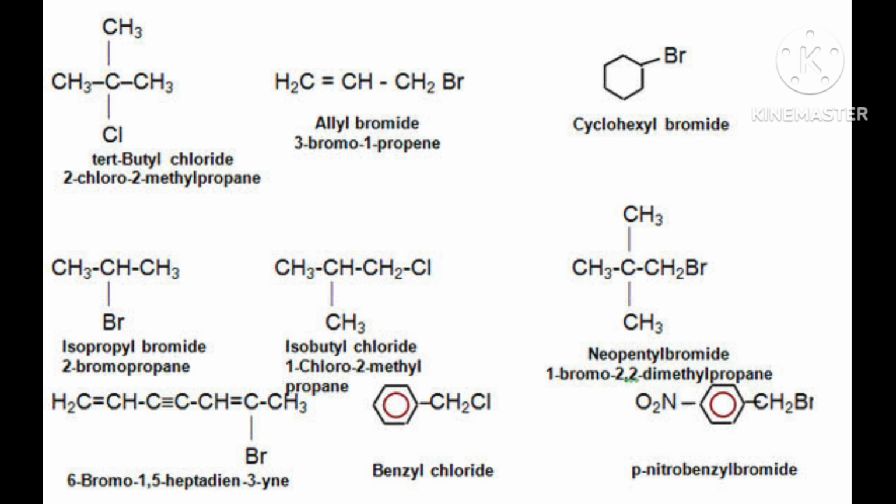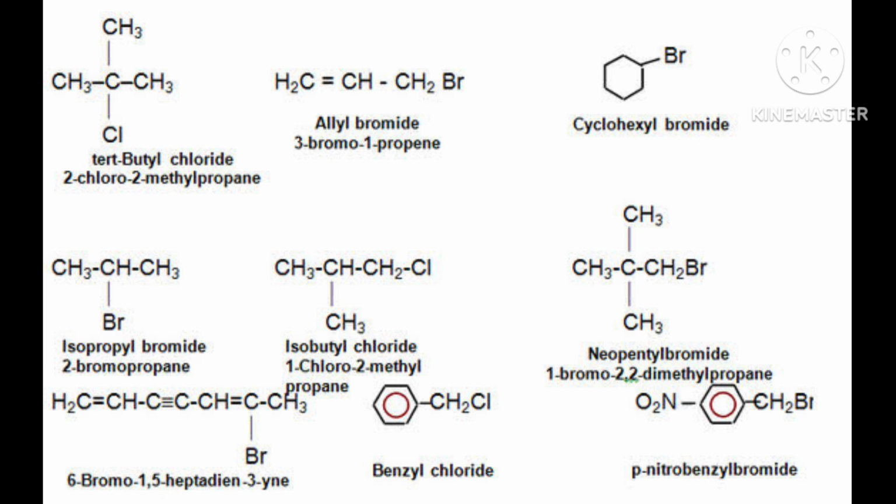Now here you have to be careful in doing nomenclature. With the third carbon 2 carbons are attached, one up, other down, just like propane. This one CH3 is up, the other CH3 is down.